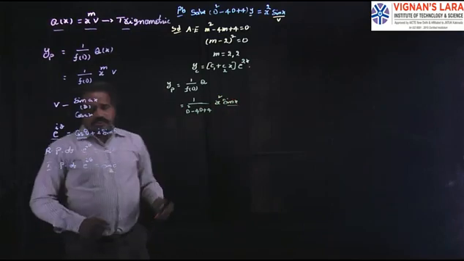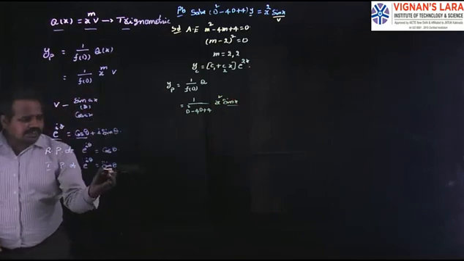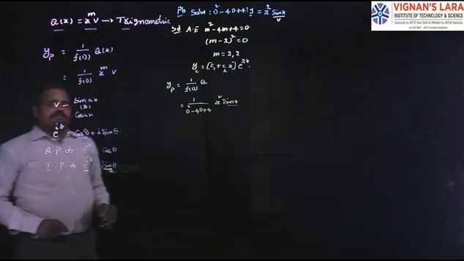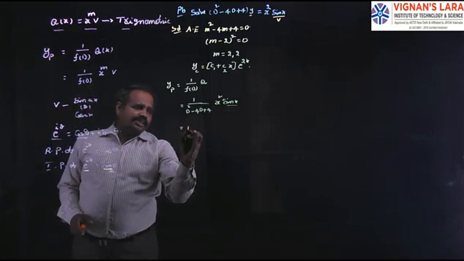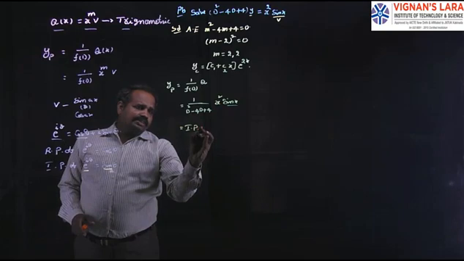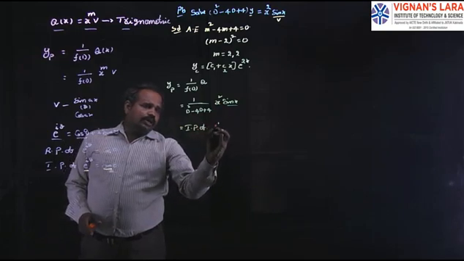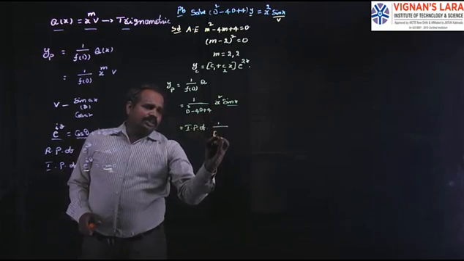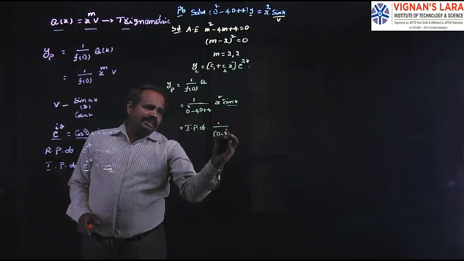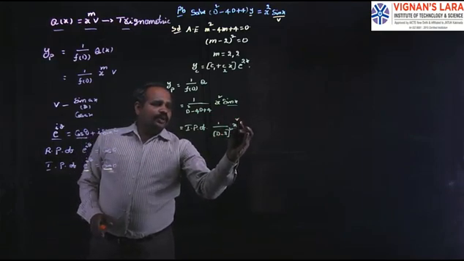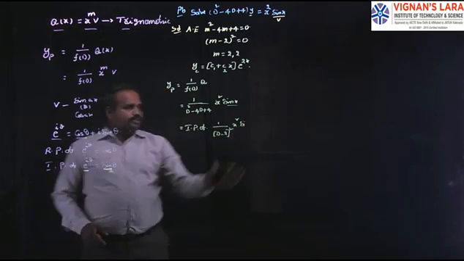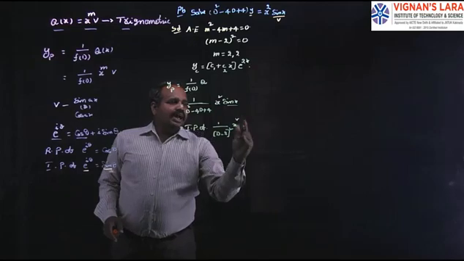Here sin is called the imaginary part of e power i theta. In place of theta I have x, so I am rewriting this as the imaginary part of 1 by D square minus 4D plus 4, which can be written as D minus 2 whole square, into x square into e power ix.